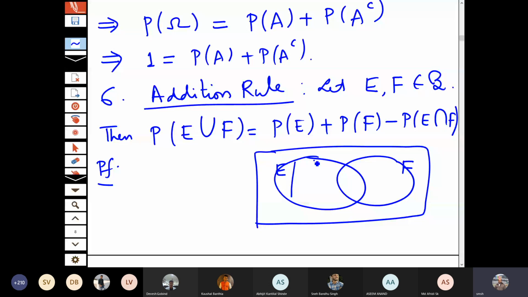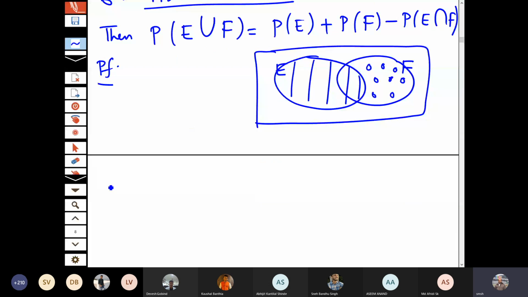So I can consider it as E union this portion. What is this portion? This portion is F minus E intersection F. So we can write E union F is equal to E union F minus E intersection F.